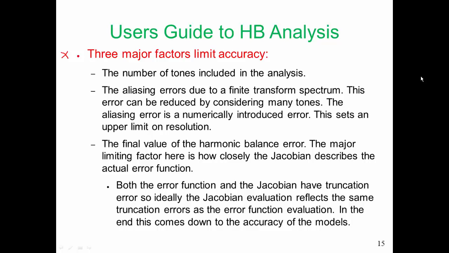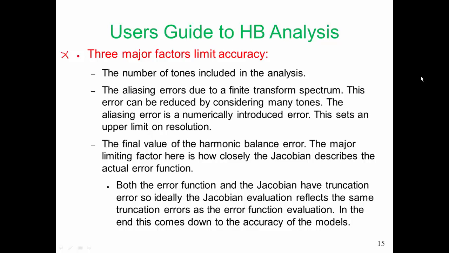And the major limiting factor here is how closely the Jacobian describes the actual error function. Or, put it another way, how accurately the derivatives of our current with respect to voltage describe the way that the current varies with respect to voltage. Are our derivatives exact? Very, very difficult to get our derivatives to be exactly right.